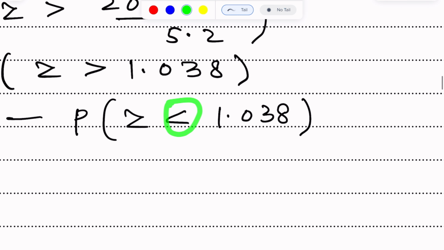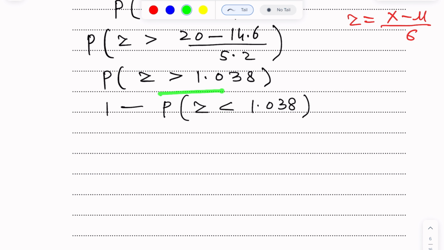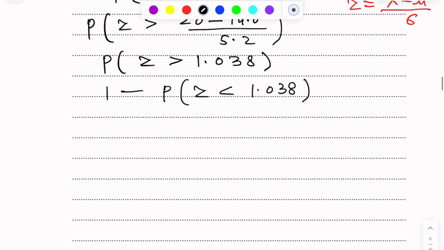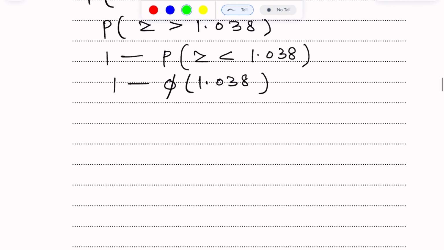When there is a sign of less than, we can write this in terms of phi. Phi shows the probability. So we can write 1 minus phi of 1.038. Now we will use the normal distribution table to find this value.